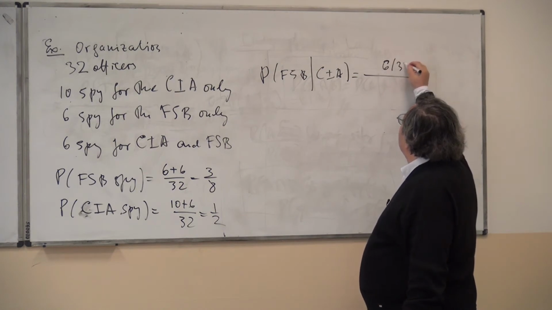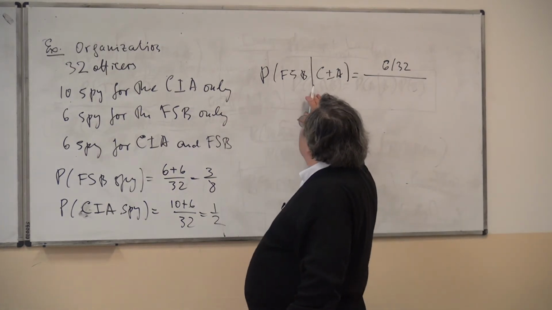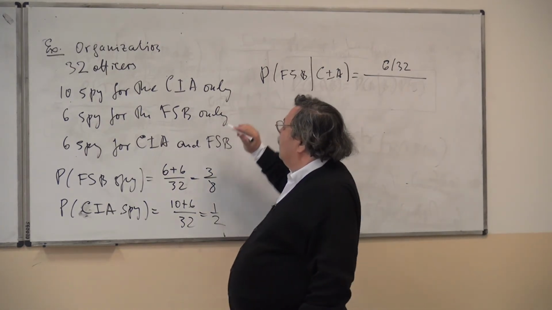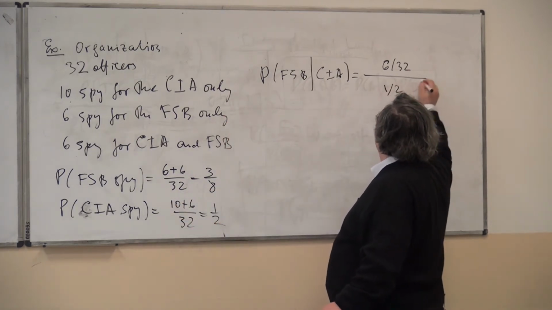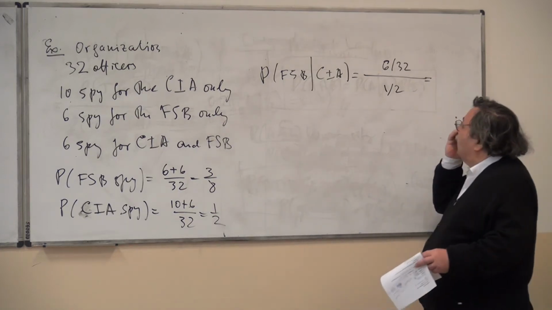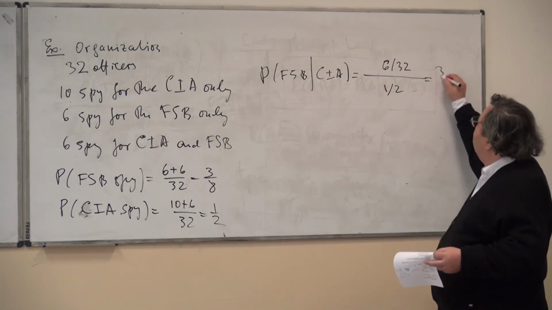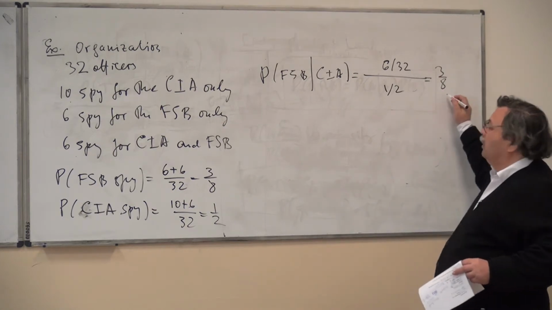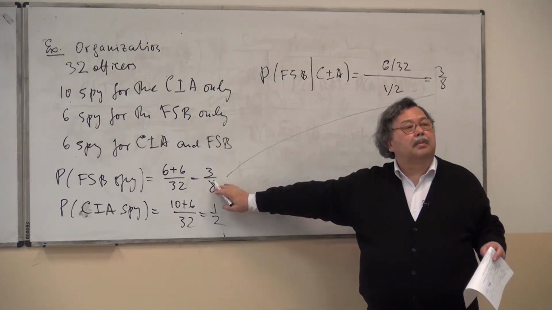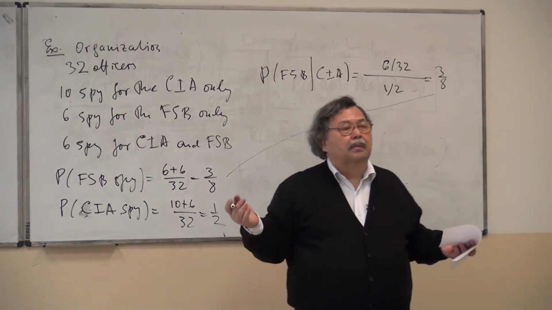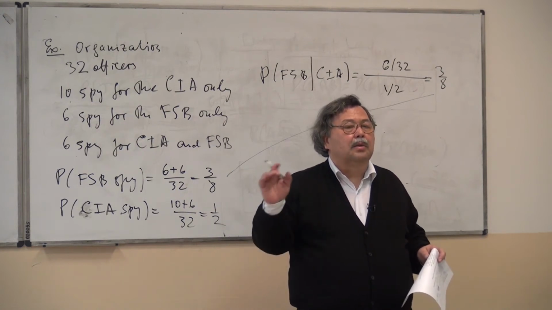The denominator is the probability that this is a CIA spy, which is known to be 1/2. And this simplifies to 3/8, which, look at this, is the same as the probability of selecting an FSB spy unconditionally.